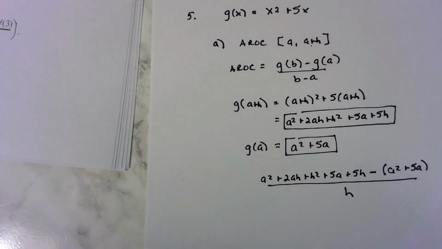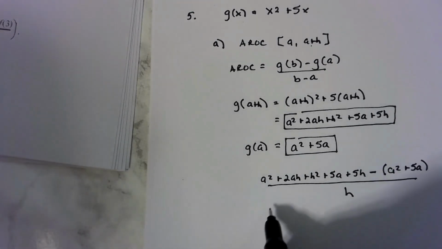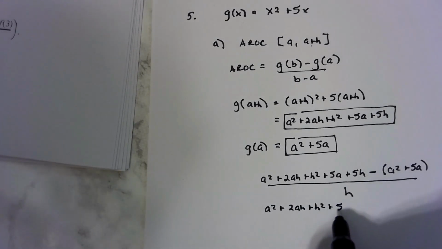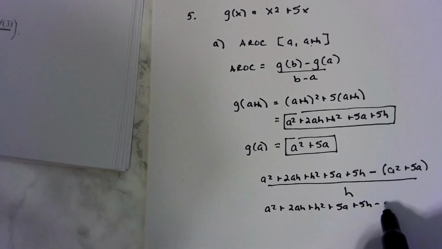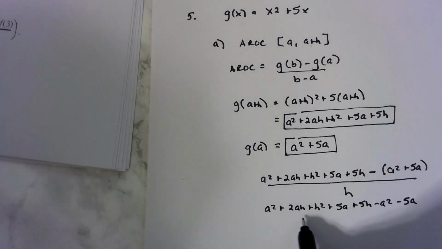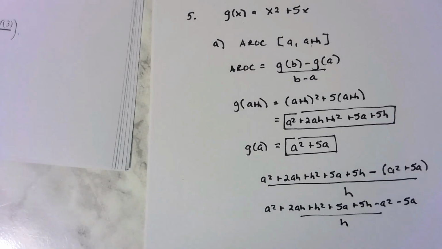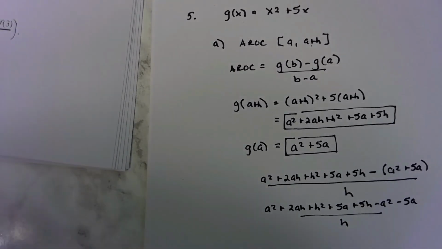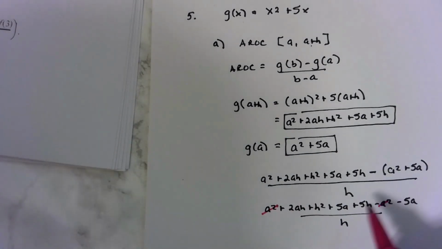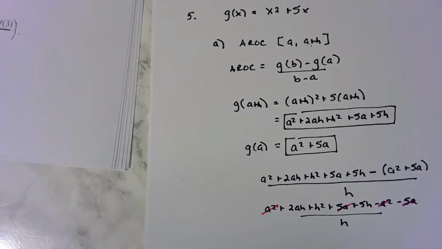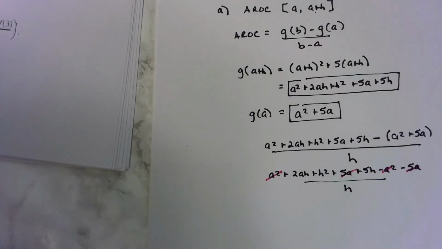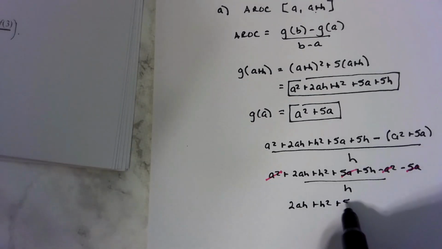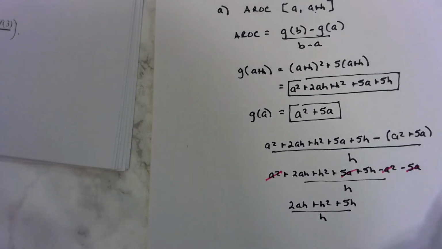And now if I distribute these signs, I'm going to have a squared plus 2ah plus h squared plus 5a plus 5h minus a squared minus 5a all over h. And what you notice is the a squareds are going to go away and the 5a's are going to go away. Right? So we can simplify this a little bit more. We've got 2ah plus h squared plus 5h over h.